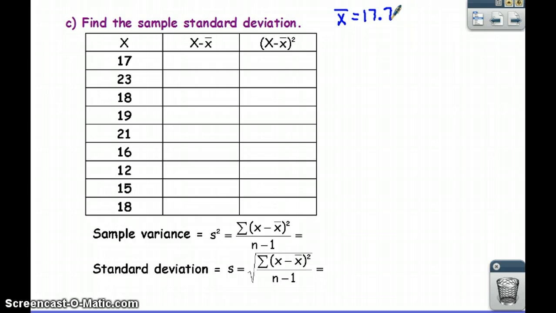So let's go ahead and calculate the standard deviation. I'm going to go through the same process. I'm going to take 17 minus 17.7. When I do that, I get negative 0.7. Squared is 0.49. 23 minus 17.7. Well, that's 5.3. Squared is 28.09.